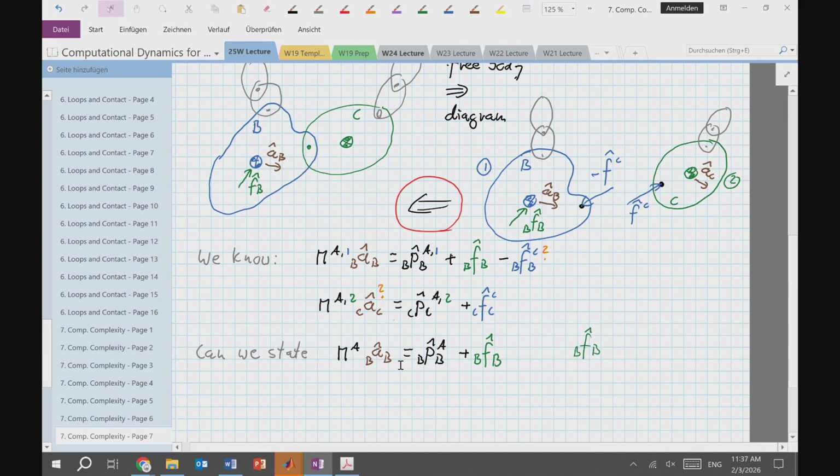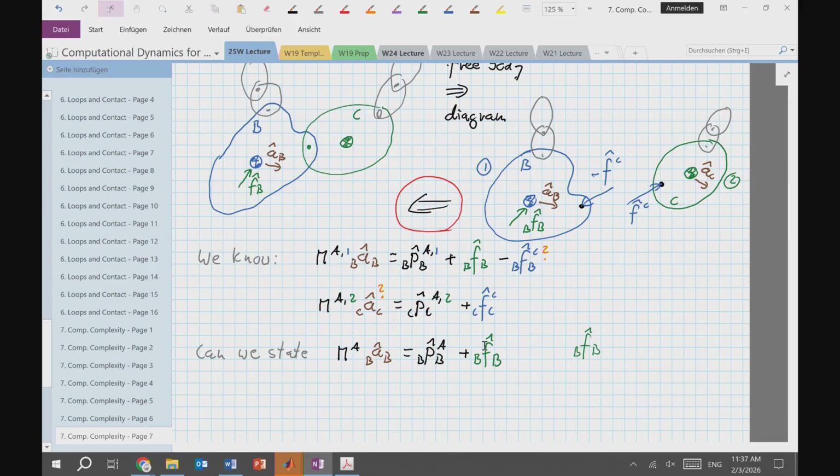I see that acceleration A_B hat as something given, and I'm trying to compute this force here. If the resulting equation that gives me F_B hat B as a function of this has this form, we can now, through recursion, deduce that this form holds for all articulated bodies.